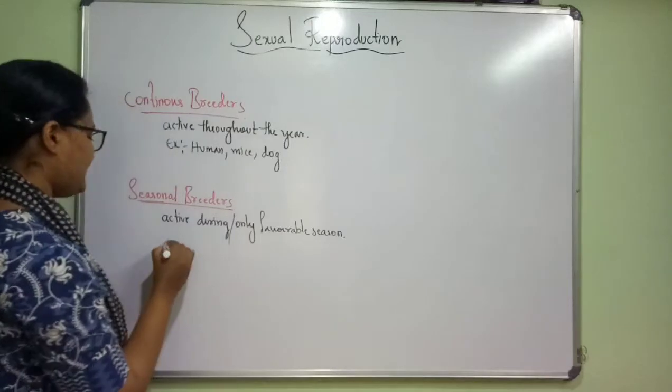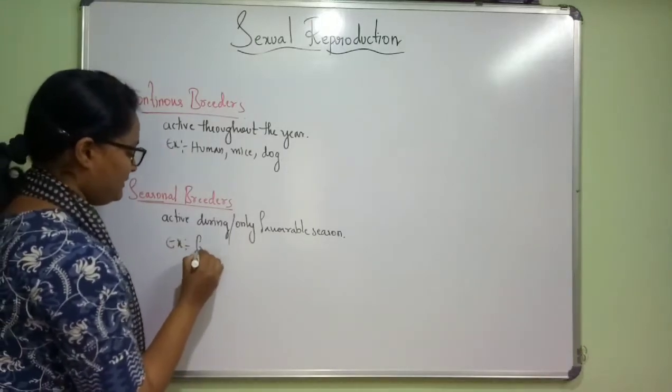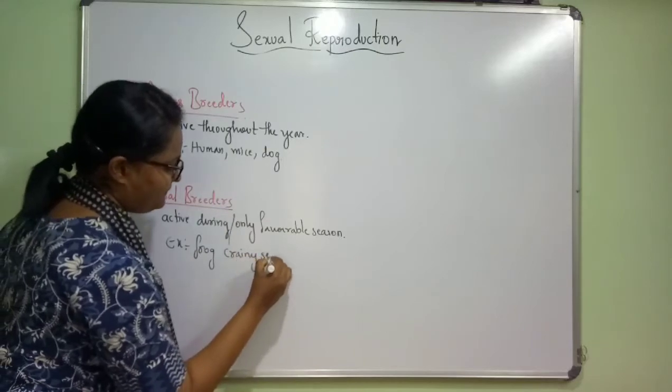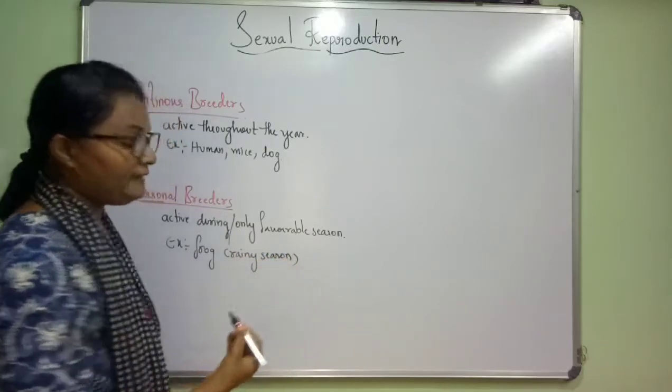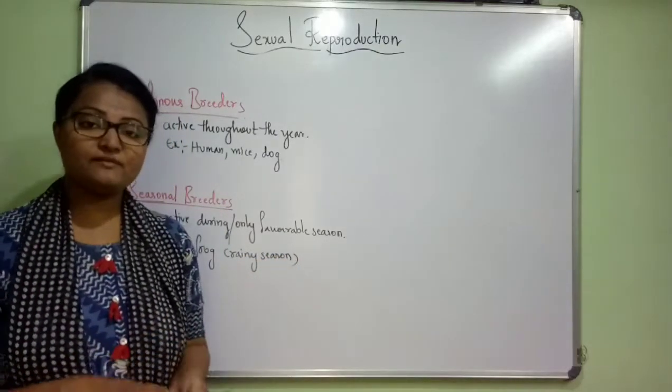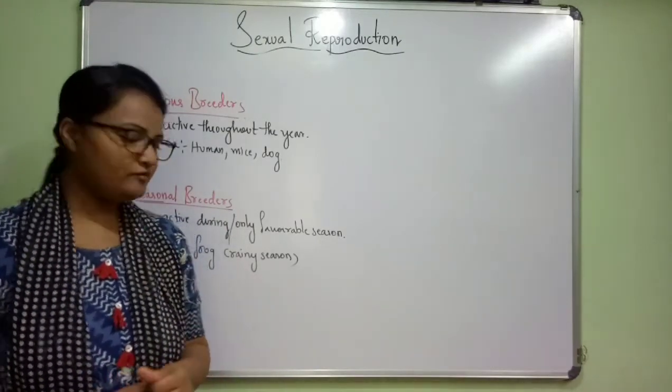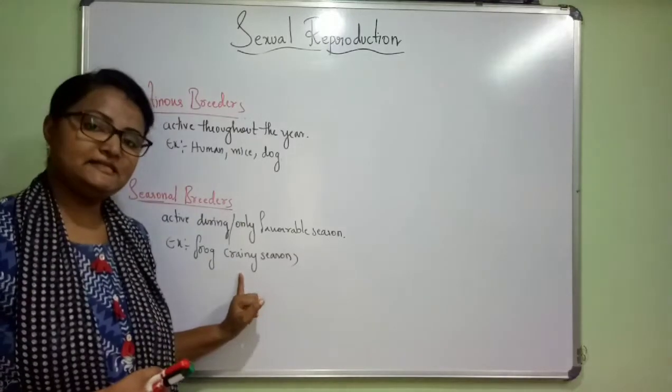For example, we can take a frog. The favorable season for a frog to reproduce and perform breeding is the rainy season.